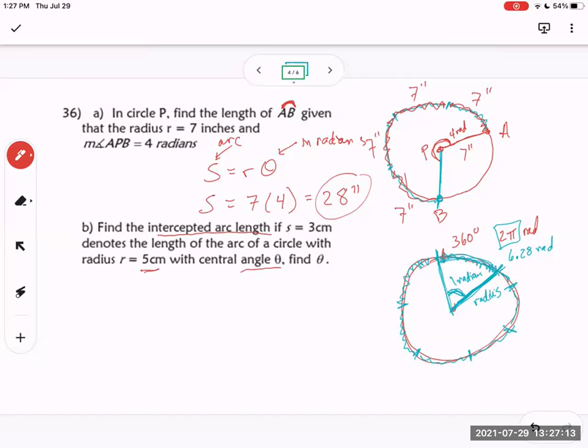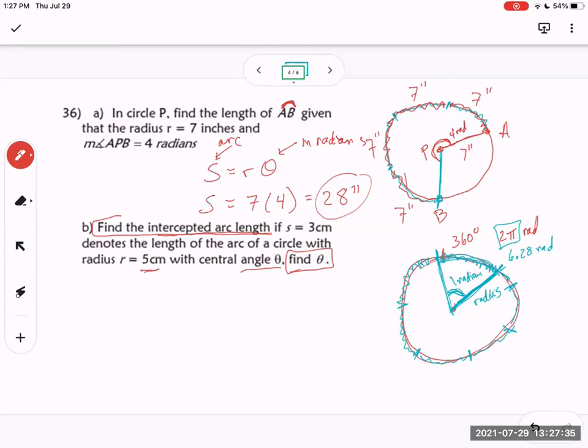They're telling me to find 2 different things. First, they're telling me to find the intercepted arc length. Then they're telling me to find, oh yeah, they're just saying it in a run-on sentence. They're basically telling me to find theta. They just said it twice, once at the beginning, once at the end.